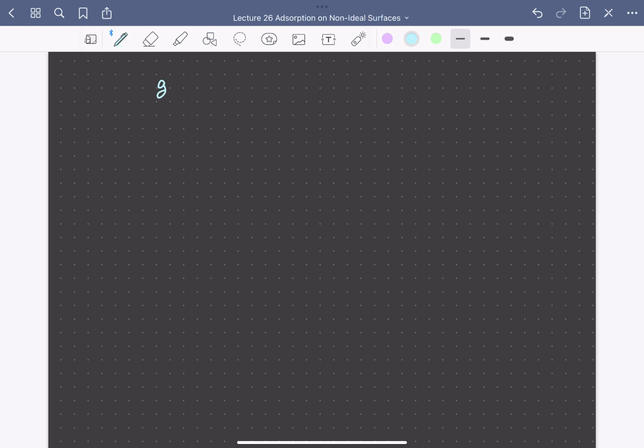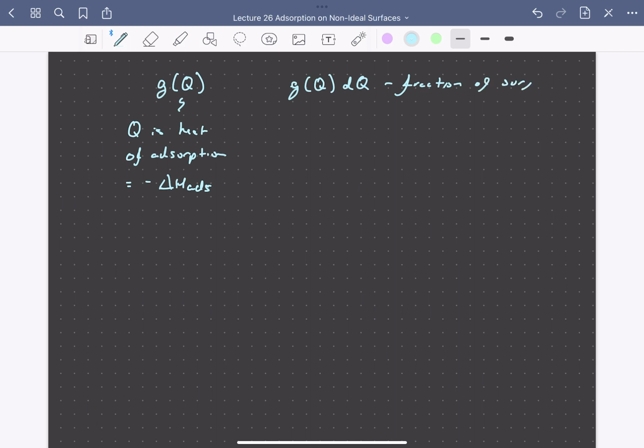We can define some function g of q, where q is the heat of adsorption. You'll often see it denoted this way. Q is heat of adsorption, so that's equal to minus delta H of adsorption. What this function g(q) dq describes is the fraction of the surface that has a heat of adsorption between q and q plus dq.